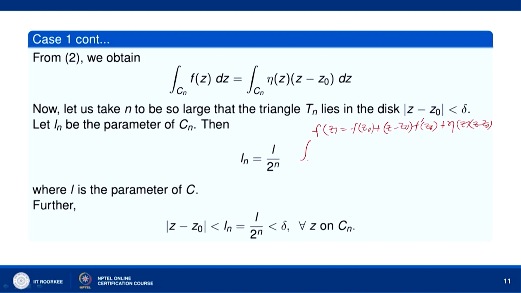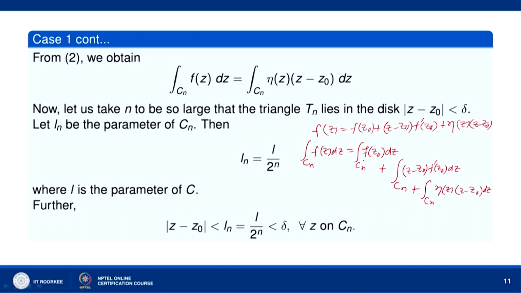So, let us integrate: the integral over Cn of f(z) dz is equal to the integral over Cn of f(z0) dz plus f'(z0) times the integral over Cn of (z - z0) dz plus the integral over Cn of eta(z)(z - z0) dz.